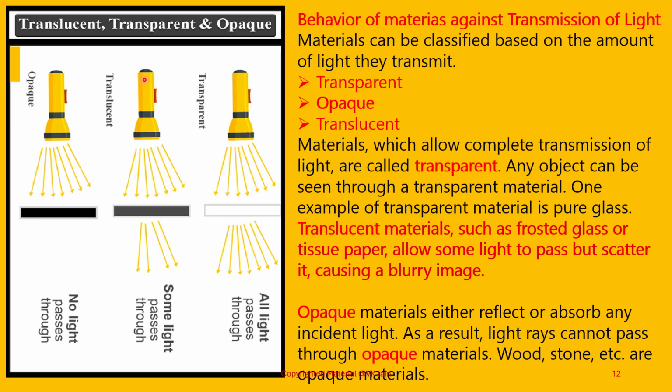Translucent transmission is when some of the light is allowed to pass through, and opaque transmission is when no light is allowed to pass through. So these are three different types of surfaces. Now, the behavior of material against transmission of light, as I have discussed already.